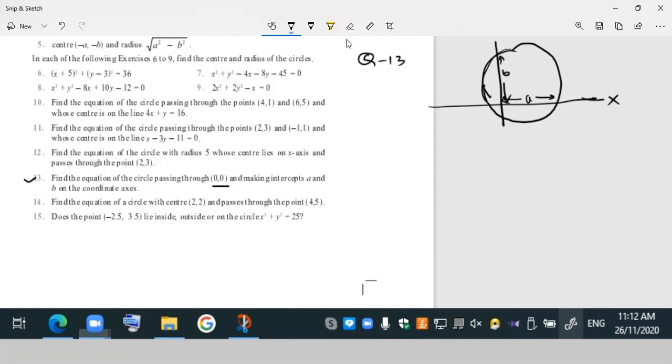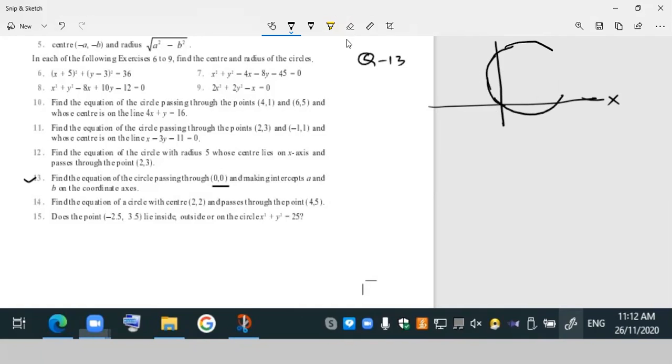And the circle is passing through 0, 0. Oh, sorry, this line will be here because the circle is passing through 0, 0. So the circle will pass from this point, not that point. The circle will pass from 0, 0. So from 0, 0, it will make an intercept on the x-axis and an intercept on the y-axis.